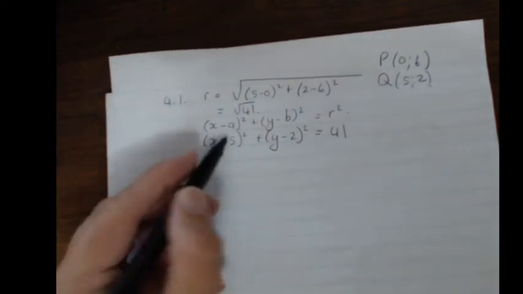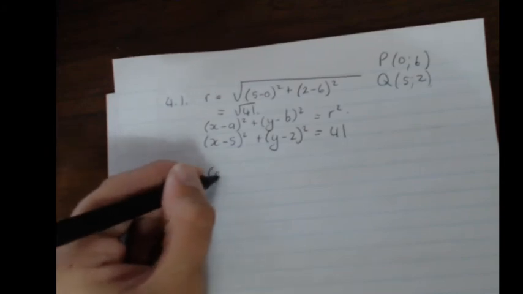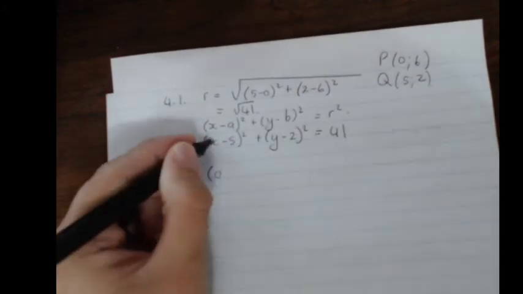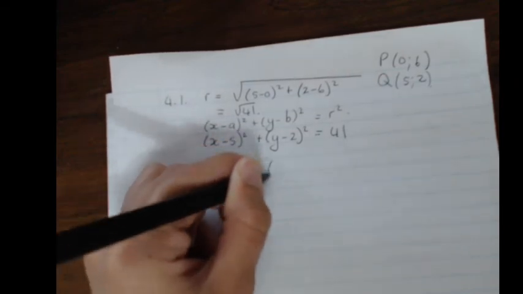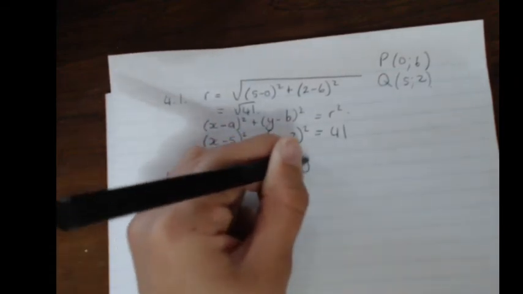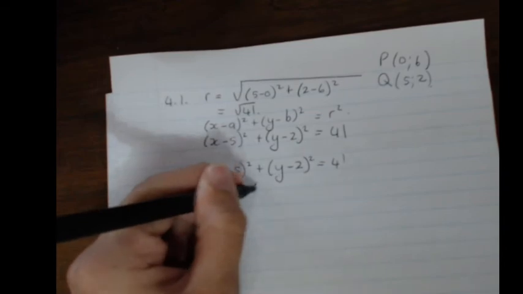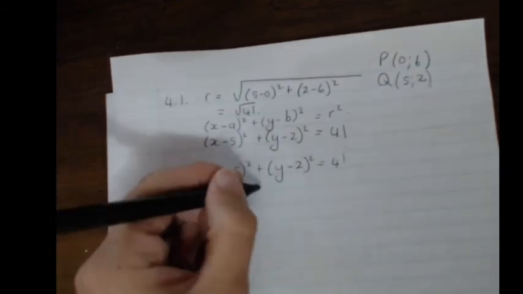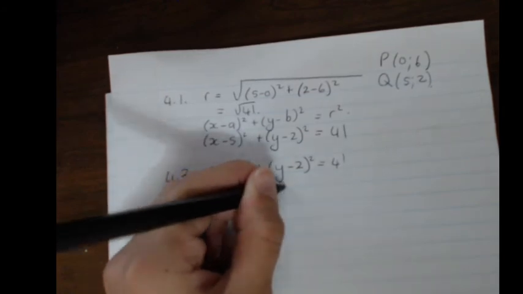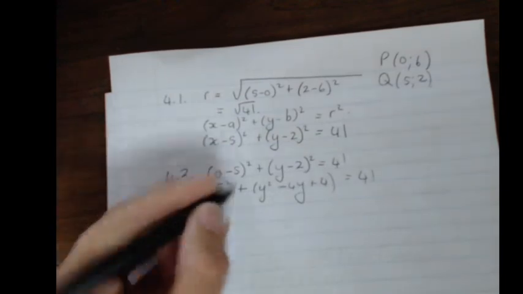But let's quickly check. So there's my equation. To get y-intercepts, make the x 0, and then I'm going to solve this. So I have 5 squared plus, if I multiply out (y minus 2) times (y minus 2), it becomes y squared minus 4y plus 4 is equal to 41.